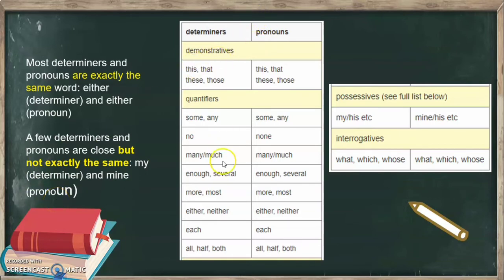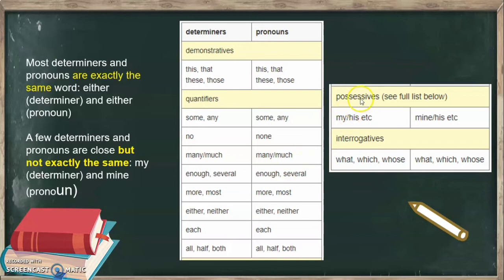So I want you to take a look at these examples here. What are the demonstrative determiners? What are the demonstrative pronouns? They are the same. What are the quantifier determiners? What are the quantifier pronouns? They are the same.